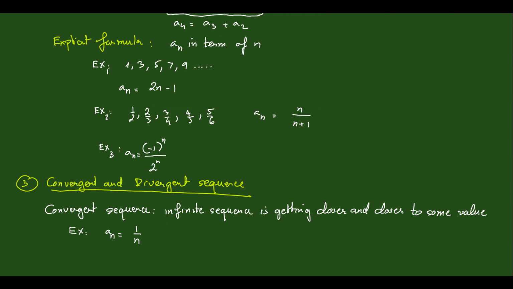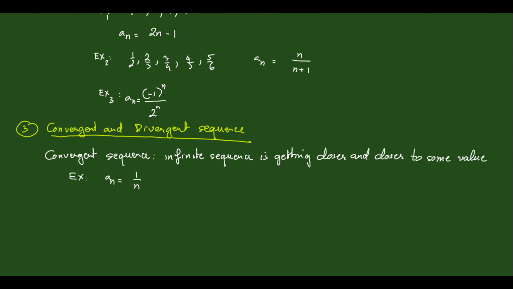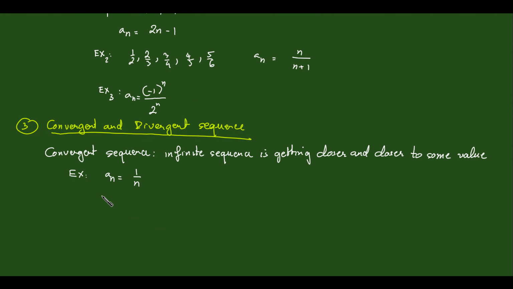If you go ahead and find the terms of this sequence, for example the first 5 terms, a1 will be equal to 1, a2 will be 1 over 2, a3 will be 1 over 3, a4 will be 1 over 4, a5 will be 1 over 5. So a100 will be 1 over 100, right?